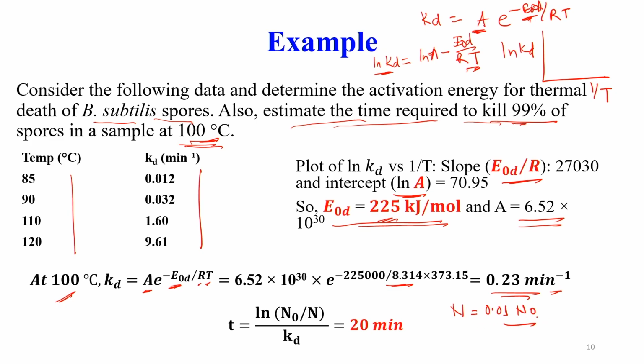So, if N and N naught is known, we can quickly find the T as ln N naught upon N divided by Kd. So, this is known to us, and Kd we have already calculated. So, we will get 20 minutes. So, in this way it suggests that this thermal death rate depends on the temperature.